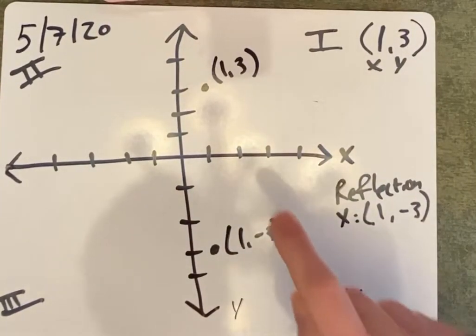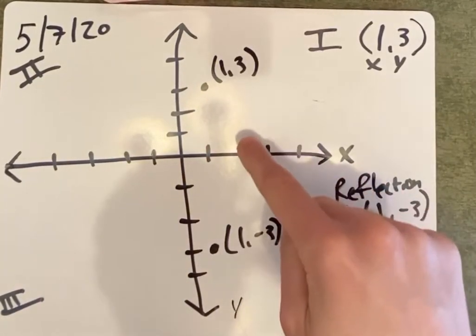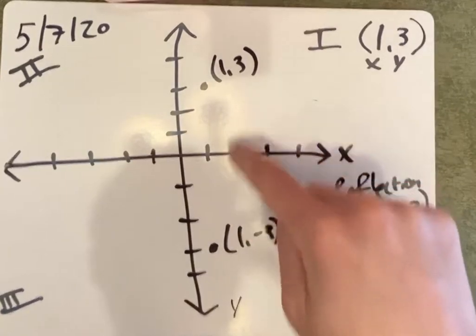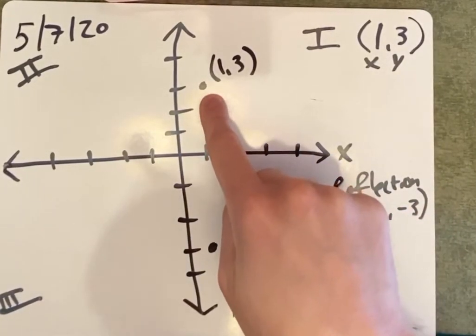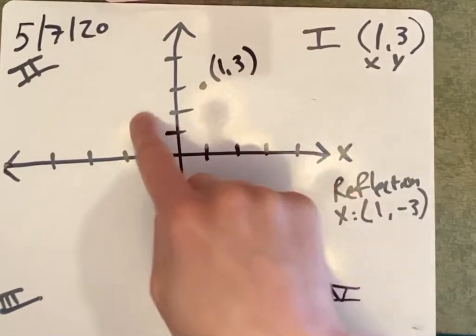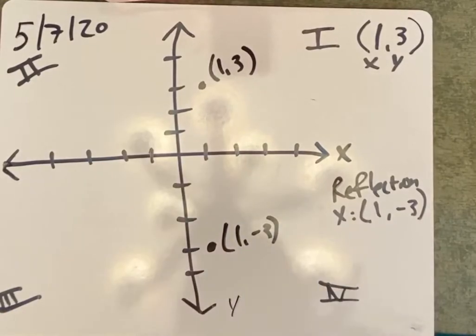So I'm also going to reflect our first point over the y. Since I reflected the first point over the x, it goes over the x-axis. Now I'm going to take this point and reflect it over the y, which is this. This is our y. So when we reflect over the y, we keep the y and change the x.